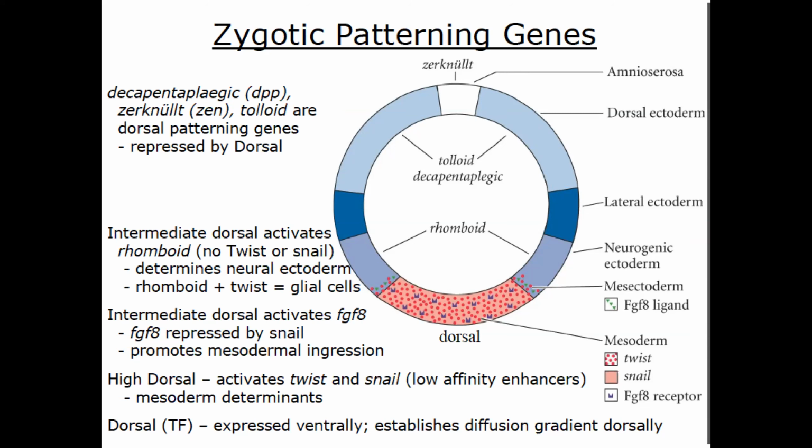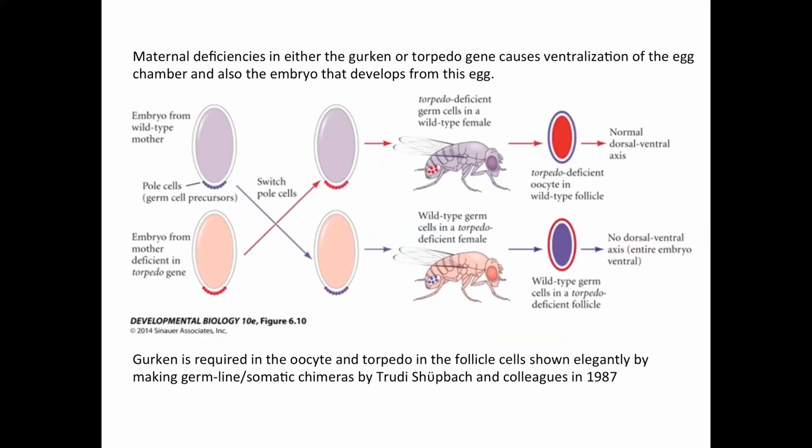So localized mRNA translation, utilization of microtubules, and gradients are essentially the three fundamental ways by which the oocyte and the early developing egg generate asymmetry.